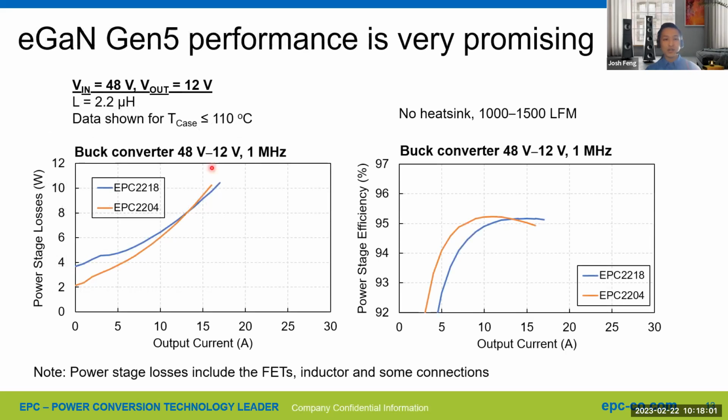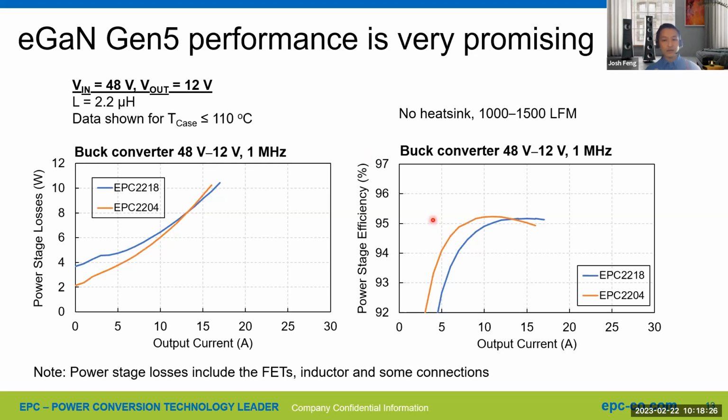I'm taking our generation 5 to show this performance as an example, and it's actually quite promising already. If I take 48-volt input, let's assume 48 volts from PD, and the output is 12 volts, switching at 1 megahertz, our Gen 5 products can run about 95% efficiency at full load.